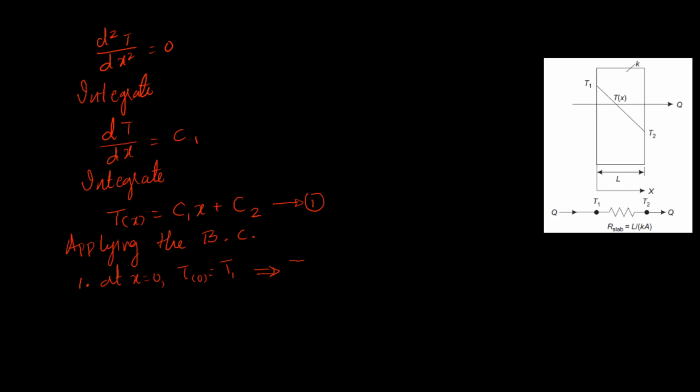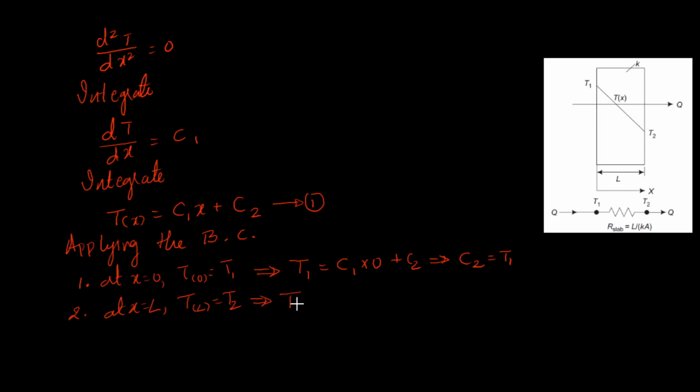So at x equals 0, temperature will be T1, that will be equal to C1 into 0 plus C2, which implies C2 will be equal to T1. Now second boundary condition, at x equals L, T of L will be equal to T2.